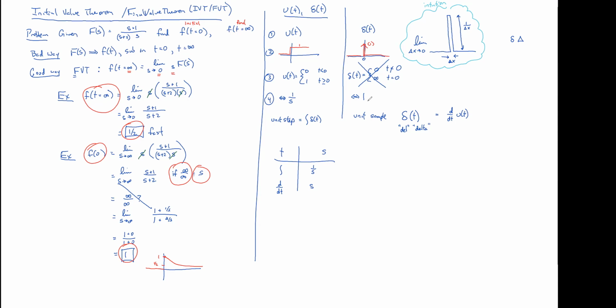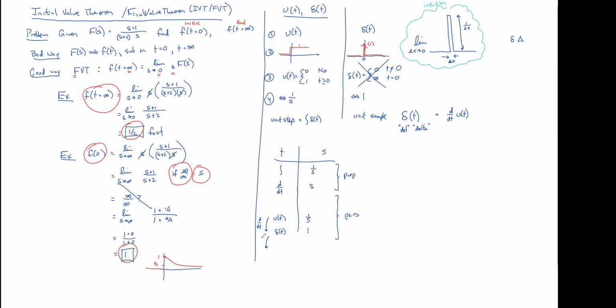And what Joe is saying is that we could even go further. So these are properties. Now we're going to talk about some pairs. Although this goes a little bit further than I was intending to in this lecture, if u of t transforms to 1 over s, and if we take the derivative of u of t to get our impulse, that's just like multiplying by s, so that gives us 1.